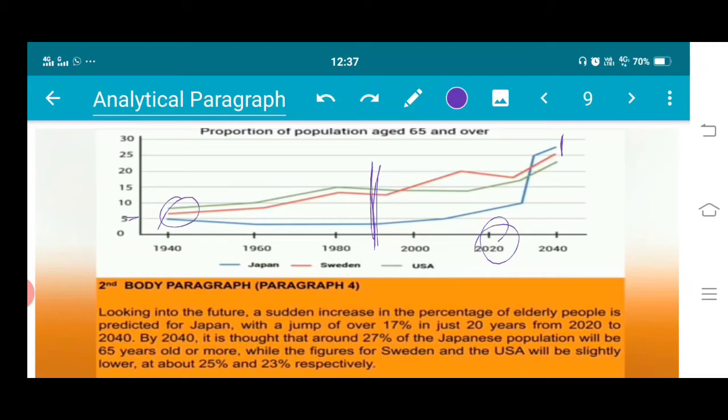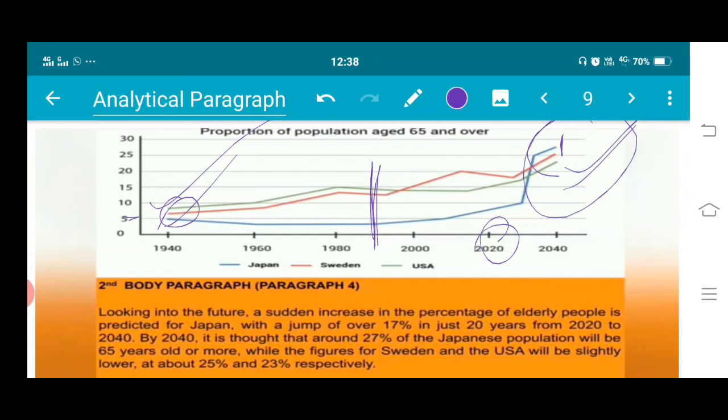And then finally, there are two things that are very important while doing this analysis, right. The first important point is the initial figure, and the last one is the overall growth towards the end, that we have to give. Okay, so by 2040 it is thought that around 27% of the Japanese population will be 65 years old or more, while the figures for Sweden and USA will be slightly lower.